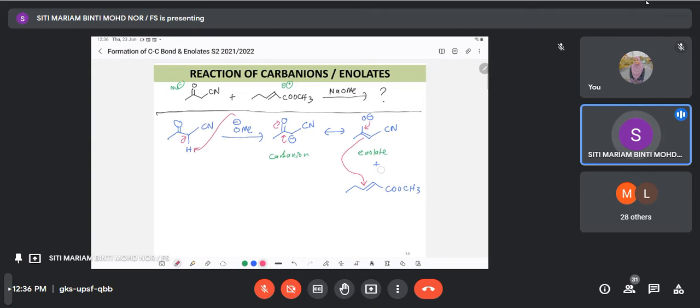And then what else? Cleave the bond, give the electron. So what you get? I draw to the left, starting from the top structure, your enolate. I draw it back, you get back your C double bond O and then CN. And then you form a new bond between carbons.